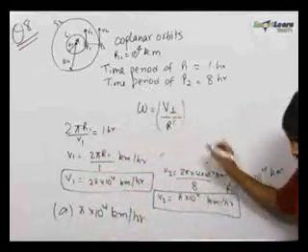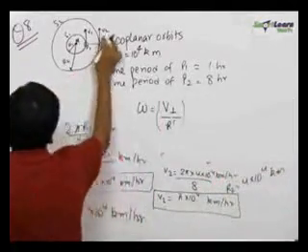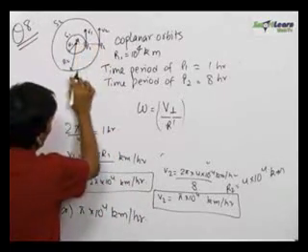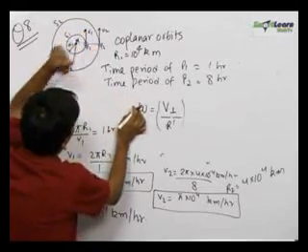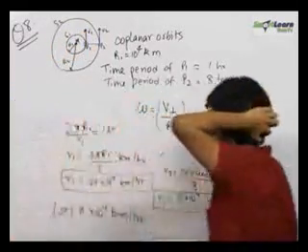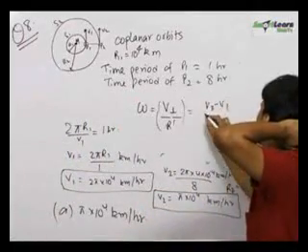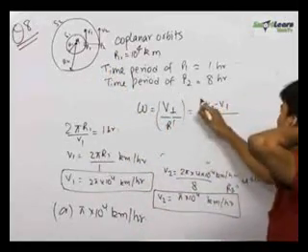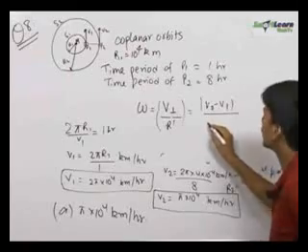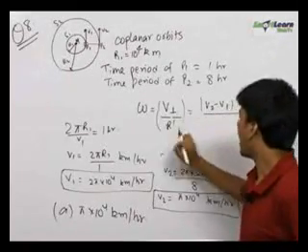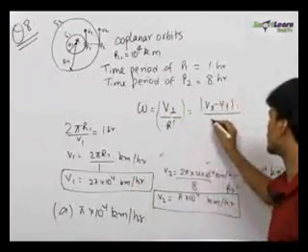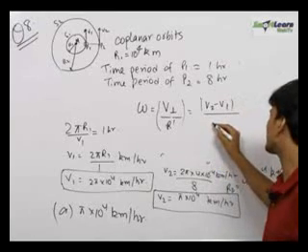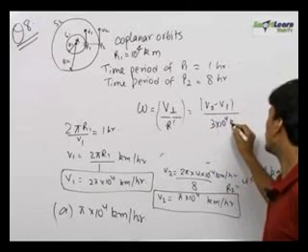So we need to find out the relative velocity of P2 with respect to P1 because our observer is in P1. Therefore, we'll find V perpendicular of P2, that is V2 minus V1, upon the distance between these two, that is r2 minus r1, that is V relative perpendicular upon r dash, where r dash is the distance between these two. That is equal to 4 into 10 raised to 4 kilometers minus 10 raised to 4 kilometers, that is 3 into 10 raised to 4 kilometers.